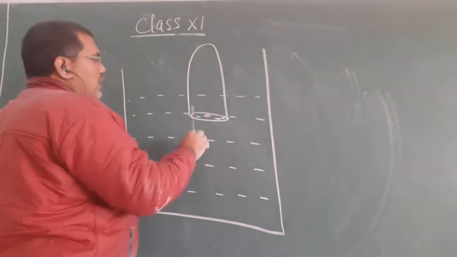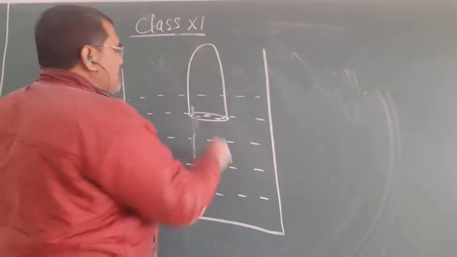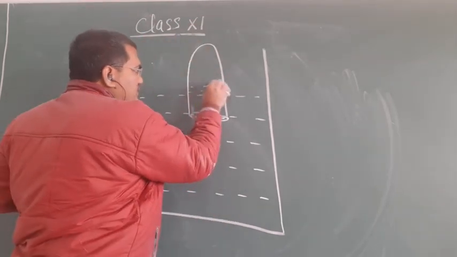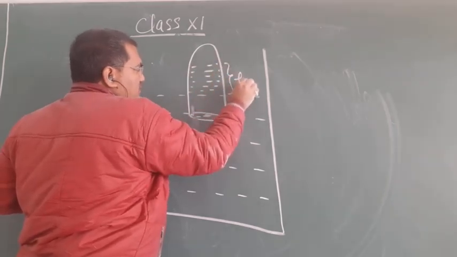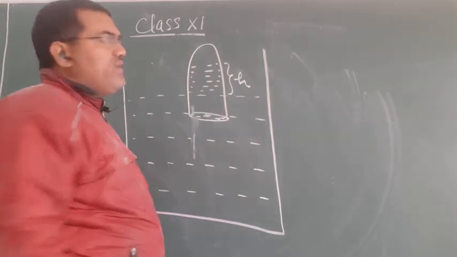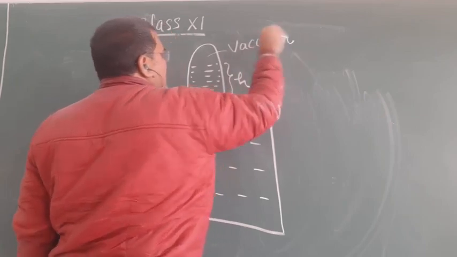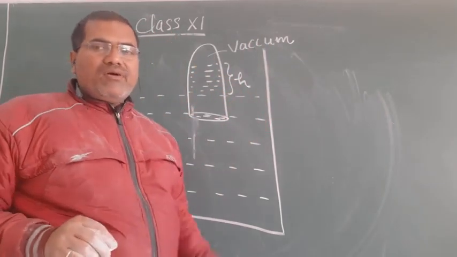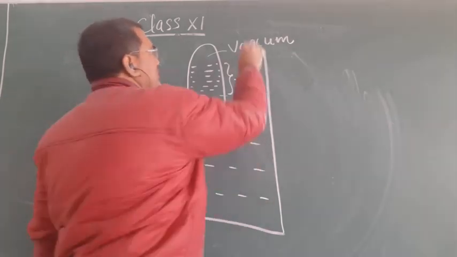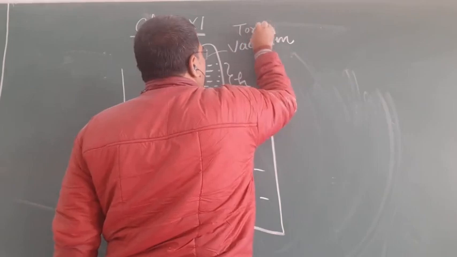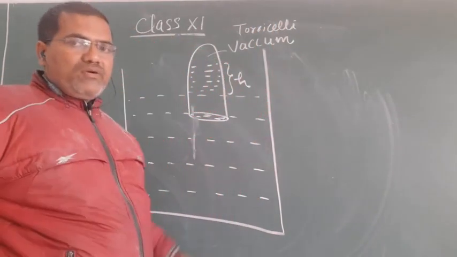As we take it out from the liquid, some liquid rises up, say up to height h, and a vacuum is created. This vacuum is called Torricelli vacuum.